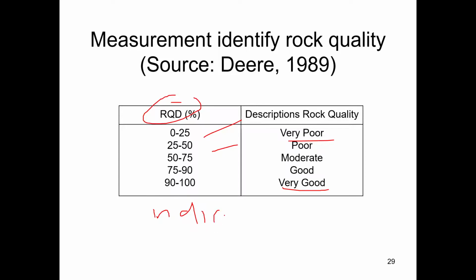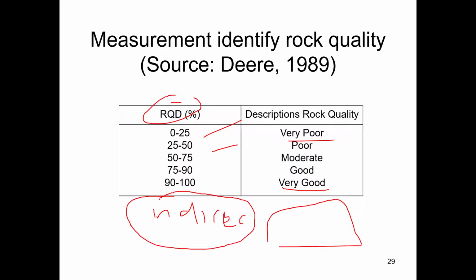Sometimes we do not drill a borehole, but based on the outcrop or exposed rock, we can measure RQD. We call this the indirect technique, based on the window technique. Sometimes we can also use seismic to estimate the RQD.